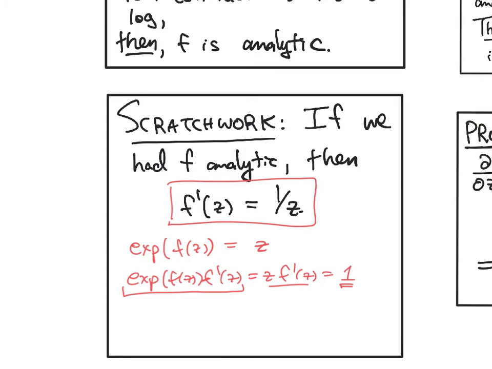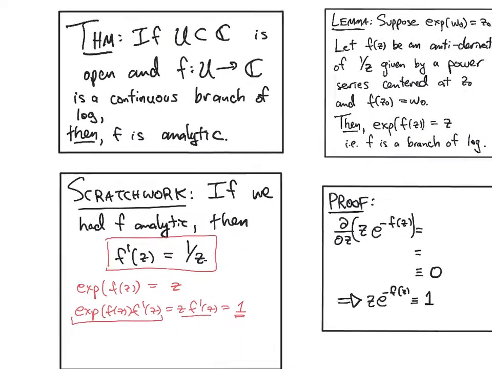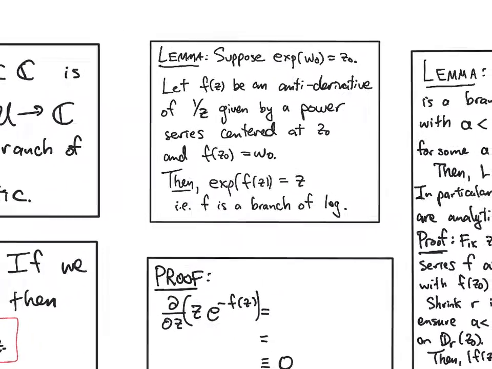So you get that the derivative is 1 over z. So you can construct analytic branches of the log by just finding antiderivatives of 1 over z, and we can do that because we know that 1 over z is analytic, and we can find antiderivatives through power series. So that's how we're going to do it.